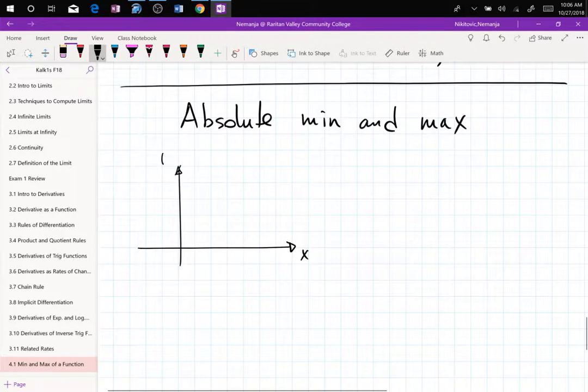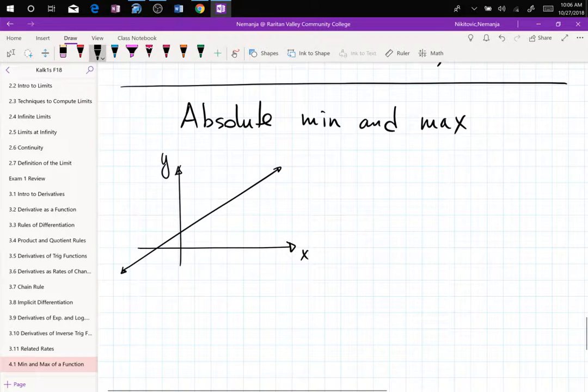So if I put a linear line like this that goes on forever in both directions, does it have a min or a max? The answer is no. It does not have min and max because it will forever go up, forever go down to infinities.